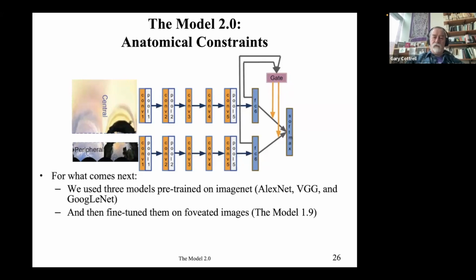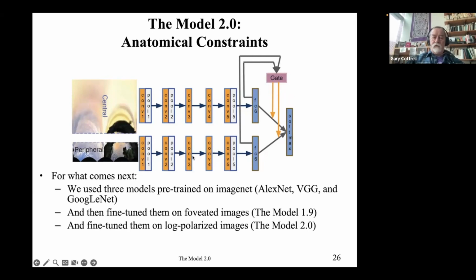They're pre-trained on ImageNet, so they're not used to this representation, and we have to fine tune them on foveated images. That's the model 1.9. Then we also fine tune them on log polarized images, and that's the model 2.0. And then we're going to train them on versions of a scene classification data set.